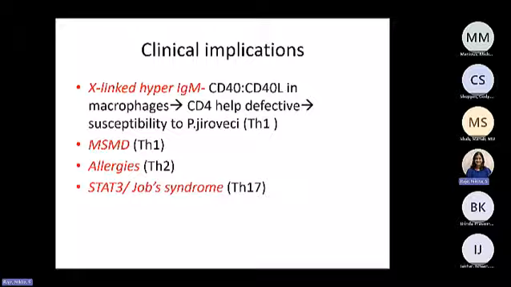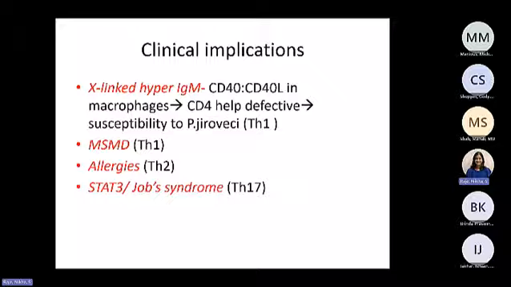Clinical implications of some of these subsets. If the Th1 subset, so let's talk about X-linked hyper-IgM. So we know that Th1 subset interacts with the macrophages using CD40 ligand, and that also helps in follicular helper cells, where they help the B cells in making IgM switching to other classes.